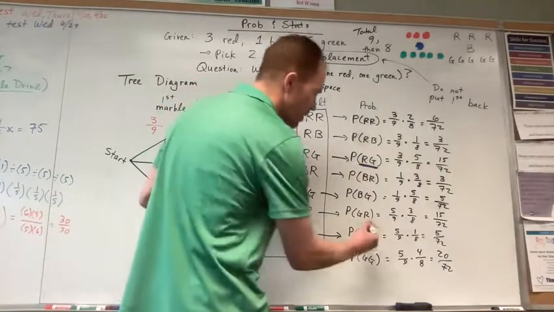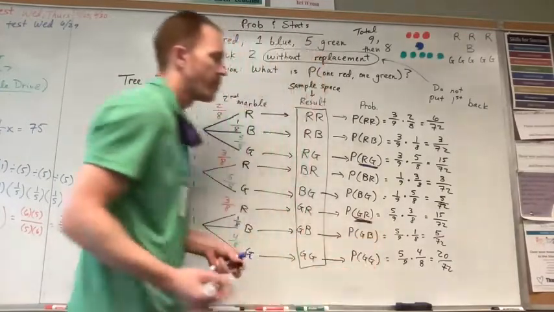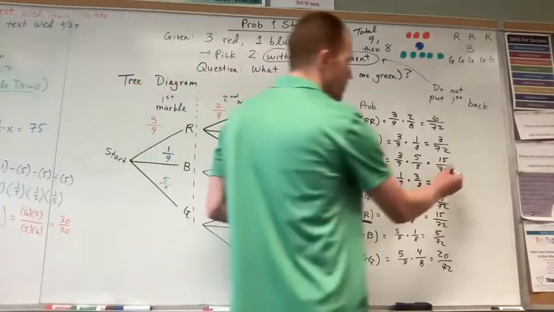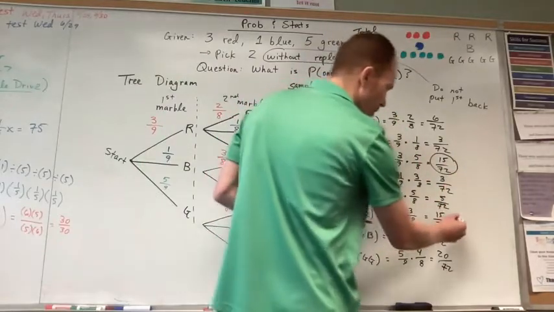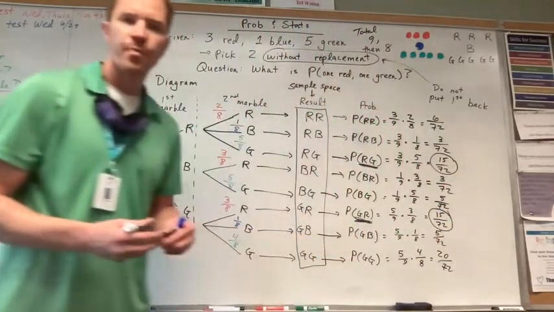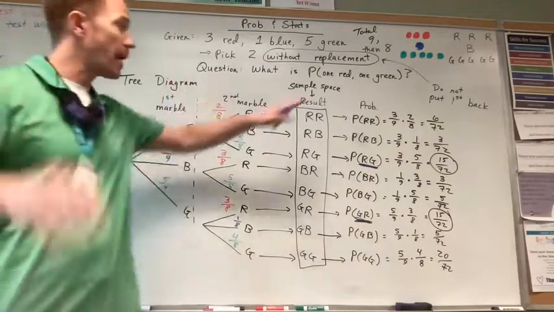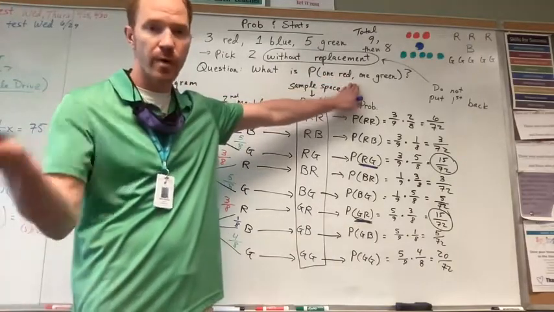So we could also be right here. I want this probability together with this probability. Either one works. I don't care which one's first and second. I just want 1 red and 1 green.